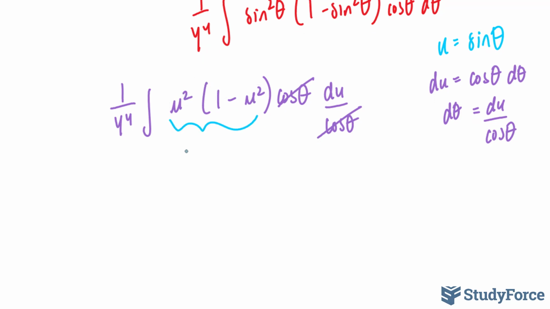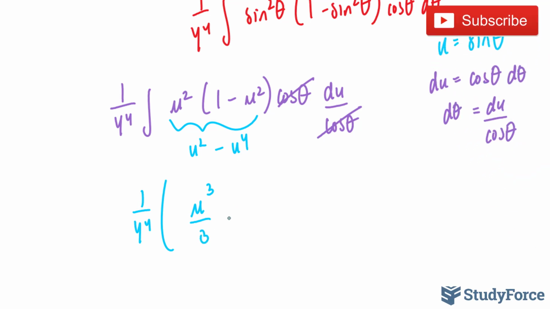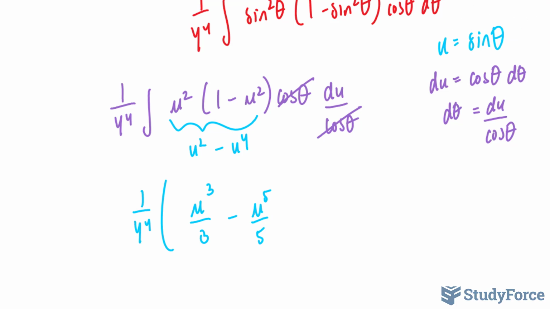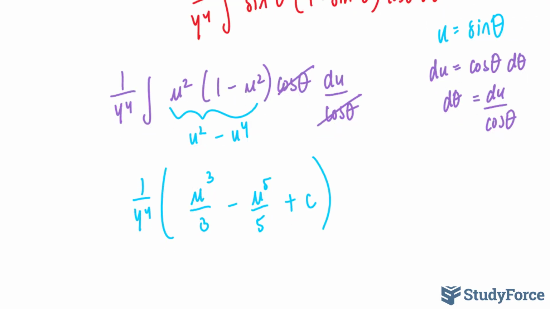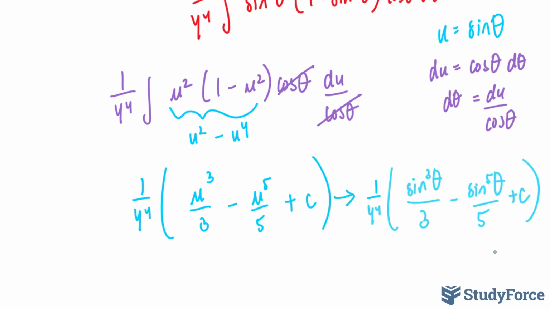So I'll expand this first, where I have u to the power of 2 minus u to the power of 4. The integral of u to the power of 2 is u to the power of 3 over 3, and the integral of this is u to the power of 5 over 5. And of course, we need to add the plus c. And now we have to replace the u's back with the sines. And if you do that, you should end up with this.